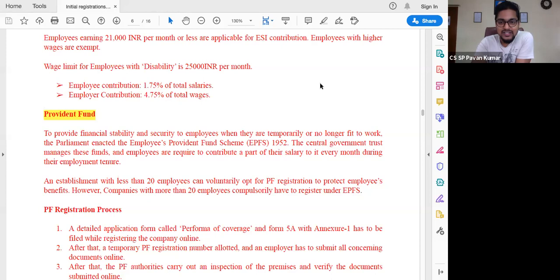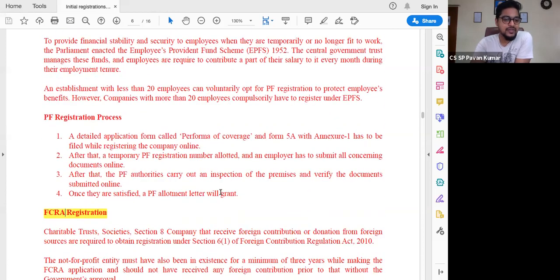I'm not going too deep into the complexity of how to calculate and all these things, because it will be too much deviating away from the subject.